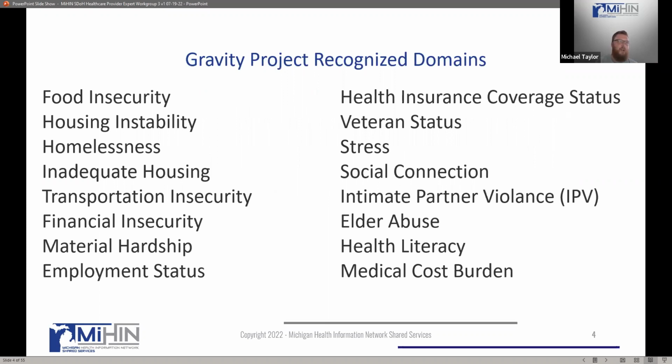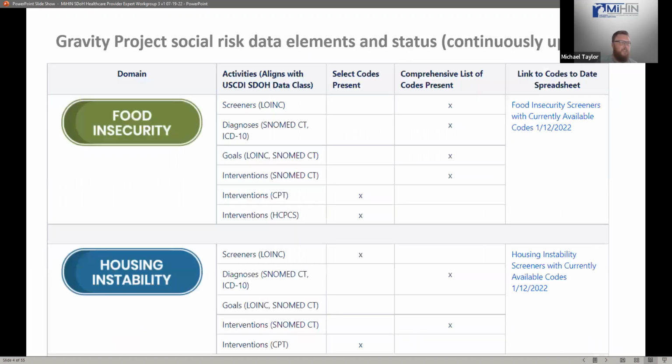These are the Gravity Project recognized domains that the Z codes are going to apply to. These are probably not unfamiliar to this group, but I just thought I would review that there are a set boundary of domains that we're looking at here.